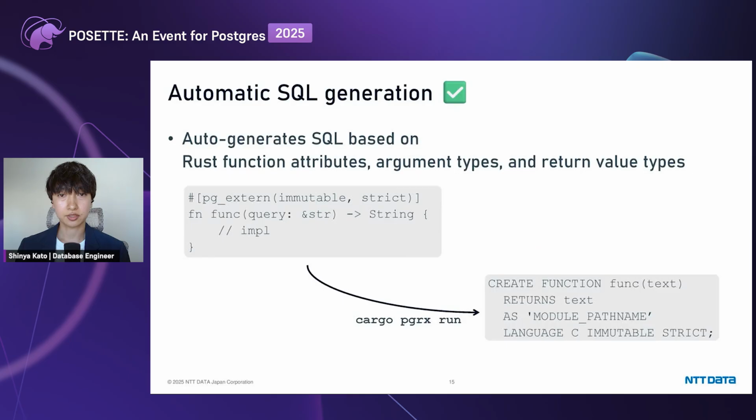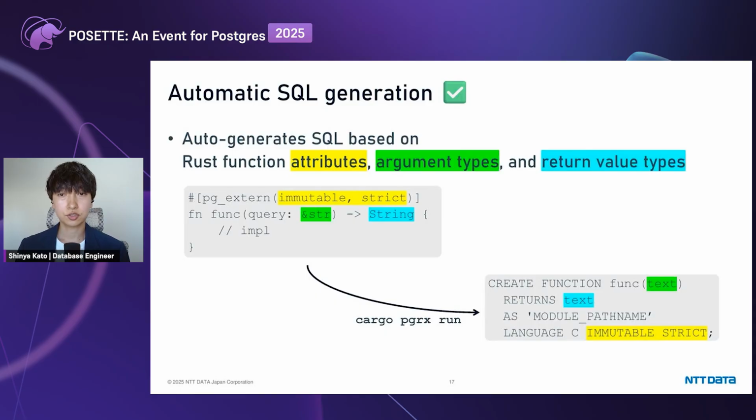Using pgrx, the SQL file is automatically generated based on the Rust functions, attributes, argument types, and return value types. In the pgx attribute, you specify parameters equivalent to those used in create function, such as immutable, strict, stable, or volatile.